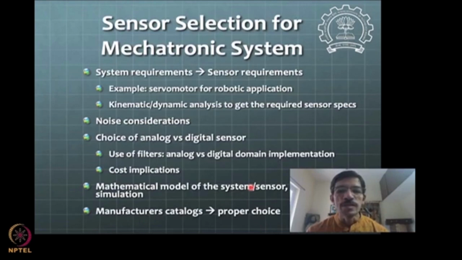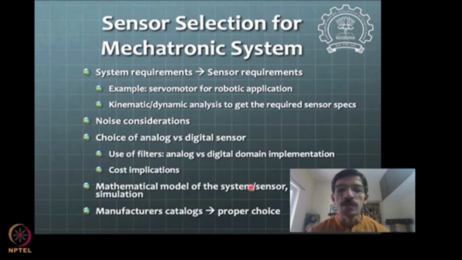Now sensor selection. We'll come to this topic later also, but we need some common sense understanding for sensor selection. If you want to get a sensor selected for a given mechatronic system, this is an evolving design process, iterative and evolving.